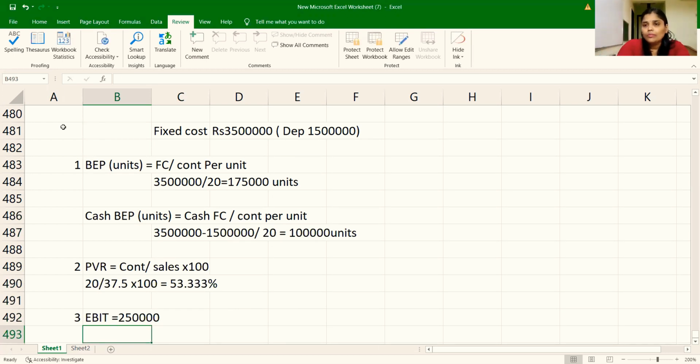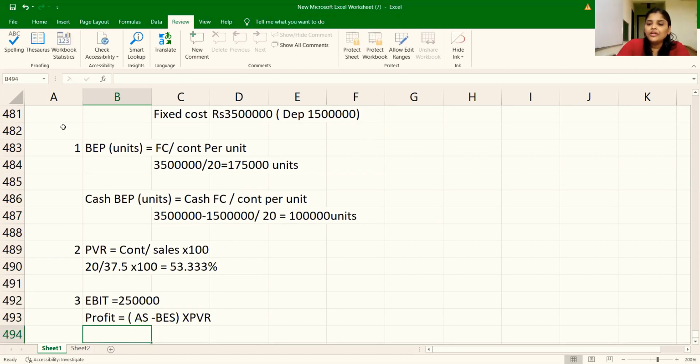So you can go by two ways. One is the formula which I gave you. The formula for that was profit is equal to actual sales minus break-even sales into PVR.